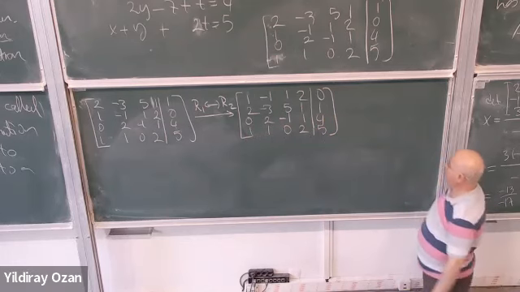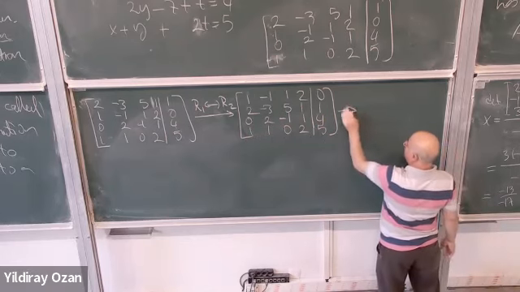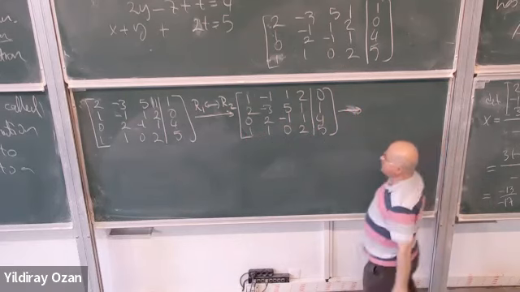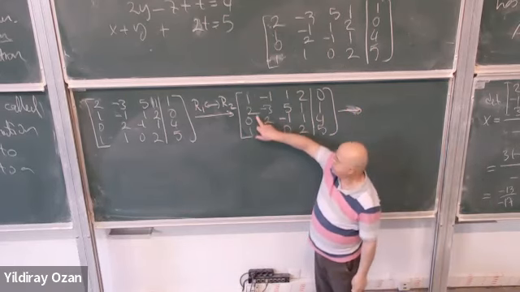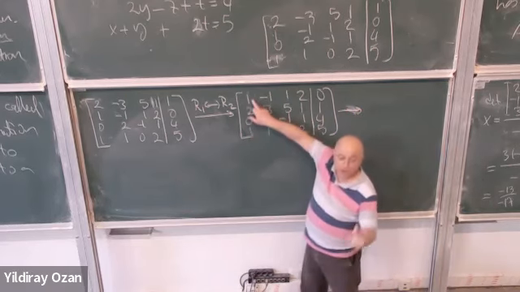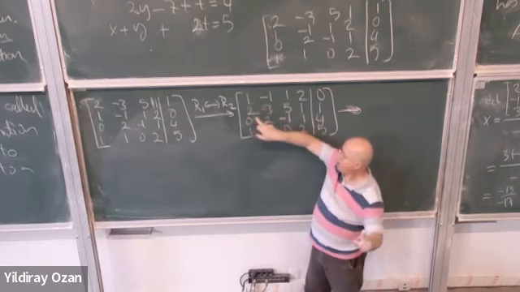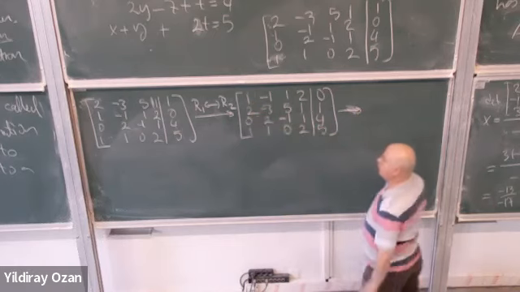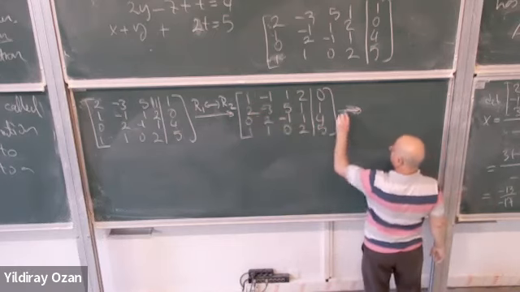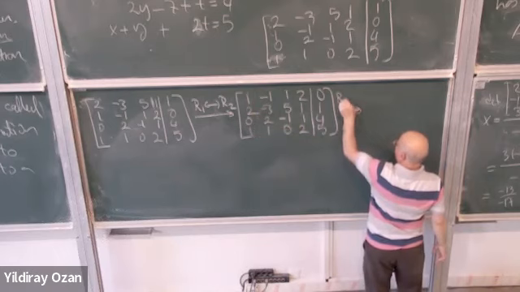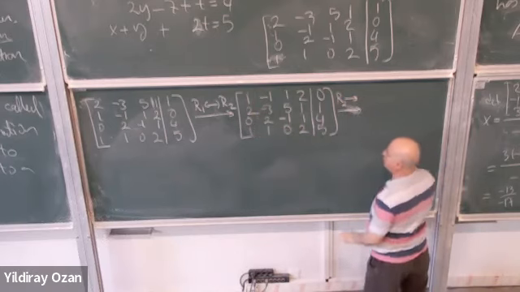Okay? Then what can I do? Well, I said, let me get rid of this. How can I get rid of this? I can multiply the first row by minus 2 and add to this one. So this is how we write it. The second row is replaced by what?